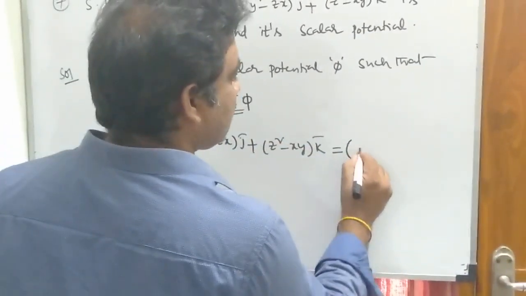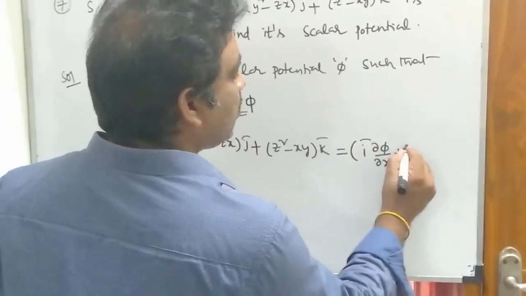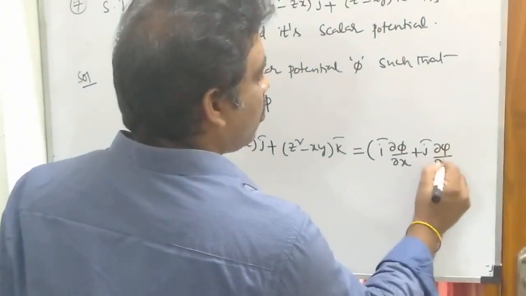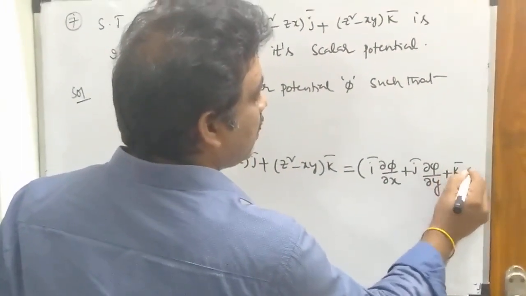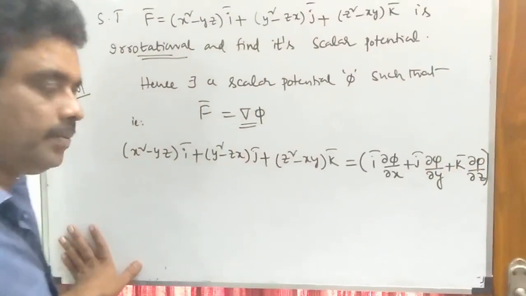Grad phi is i bar dou phi by dou x plus j bar dou phi by dou y plus k bar dou phi by dou z.